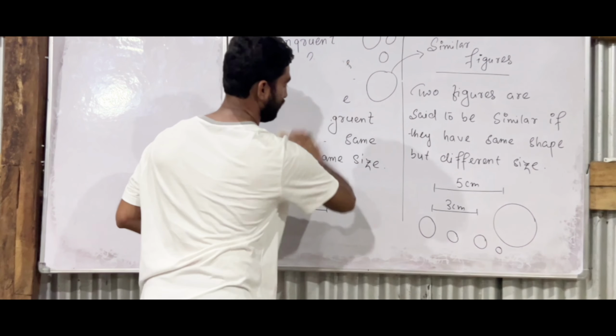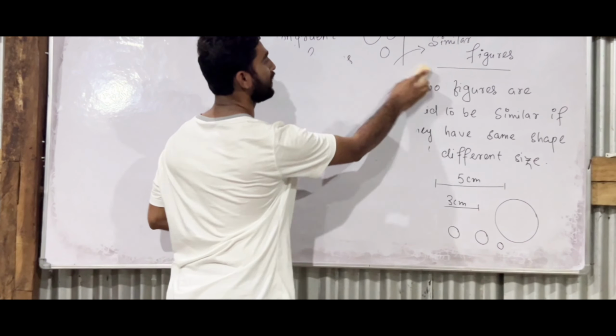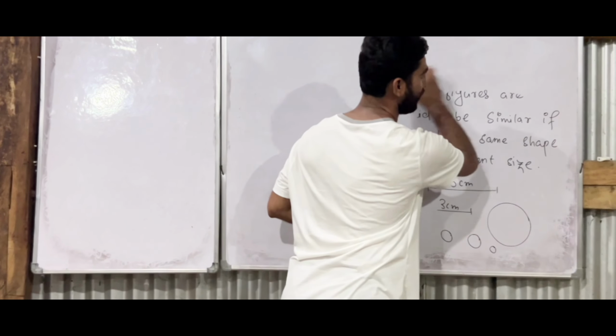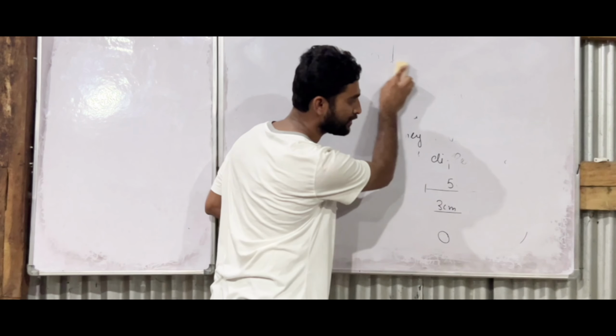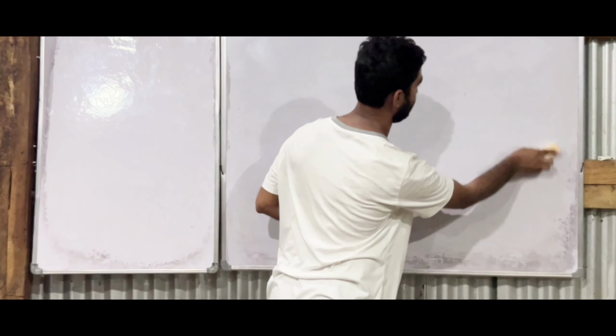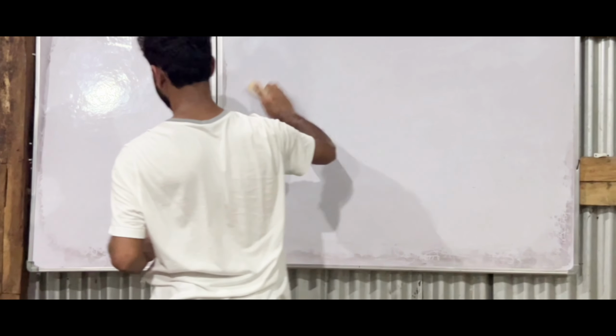Now we will study, if two polygons are given, how can we say whether these polygons are similar or not?